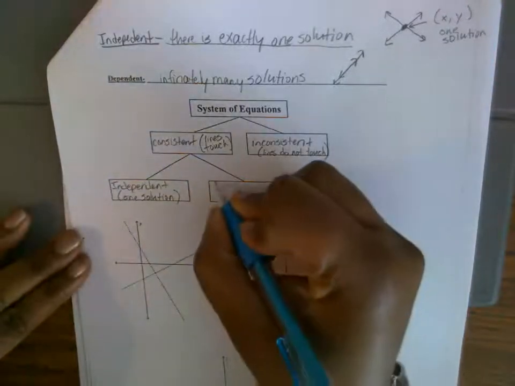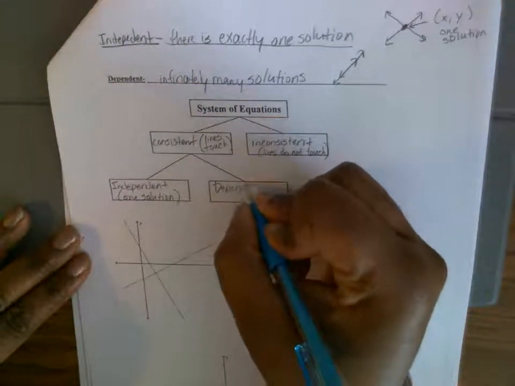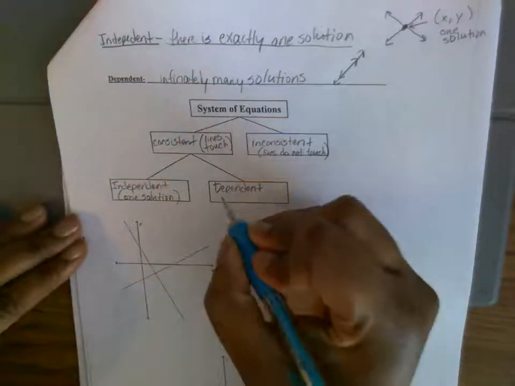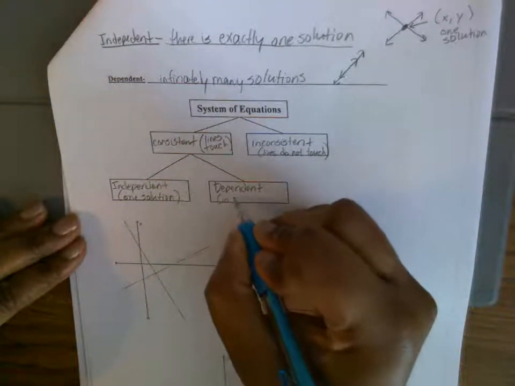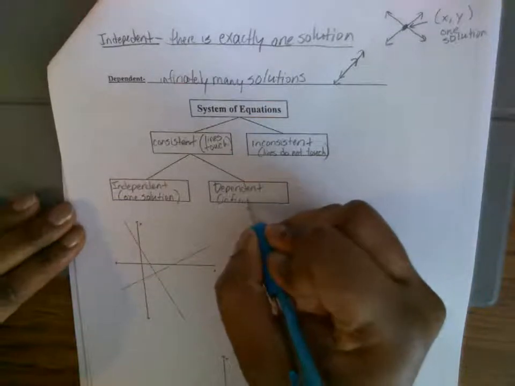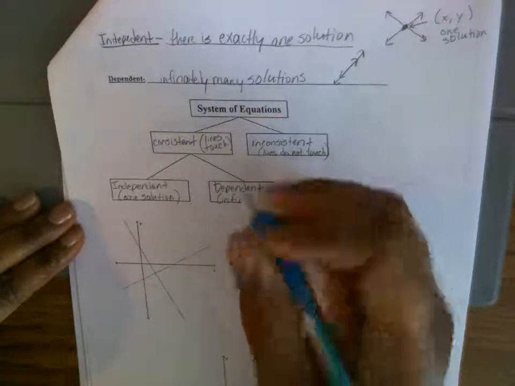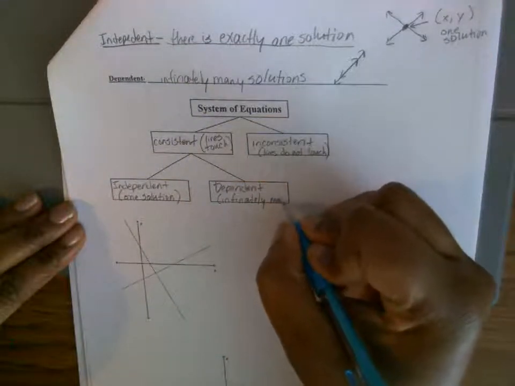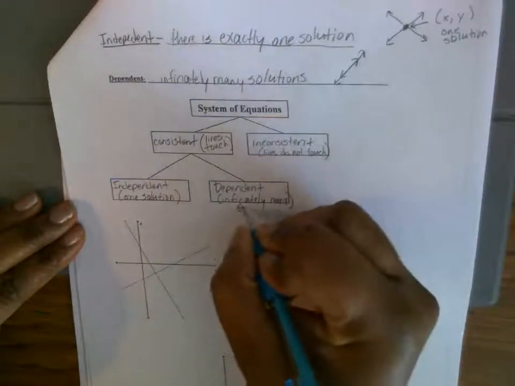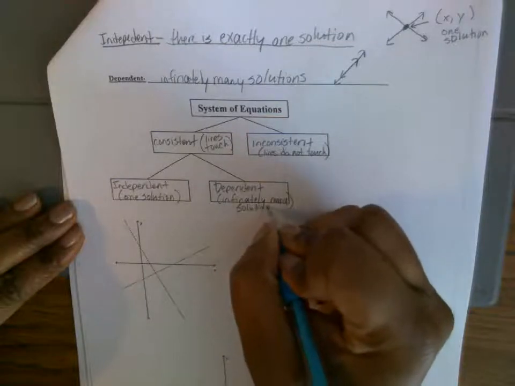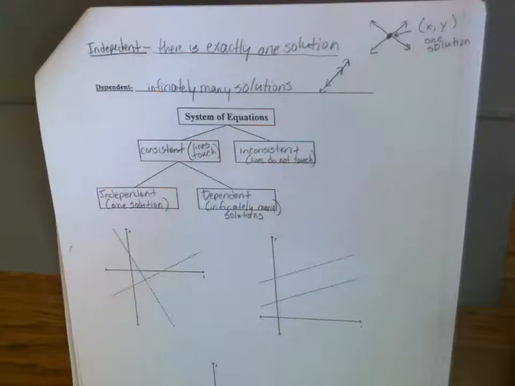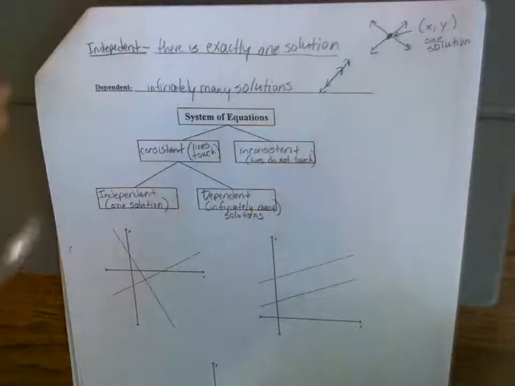Or they're going to be dependent, which means they're right on top of each other. They depend on each other. That's infinitely many solutions. They share all of the same points. And these are the vocabulary words we use to describe a system. And I'll pause to make sure you have this written. All right, let's keep going.